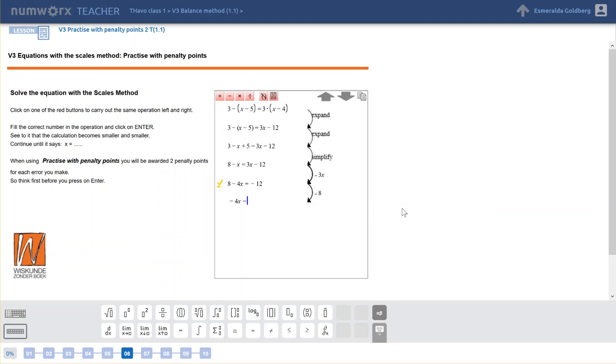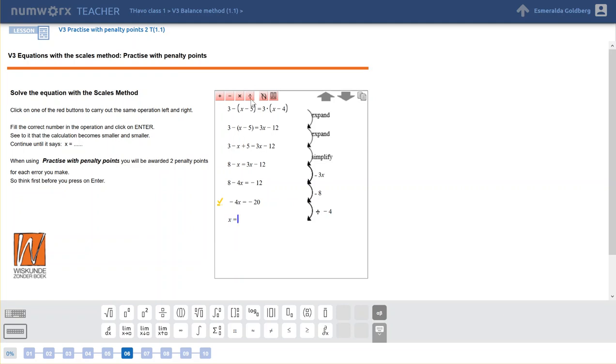Minus 8 we have to subtract from a minus 12, so we get minus 20. Now, in the last step, we have to divide by whatever we see in front of x, so we have to divide by minus 4 in this case. So divide by minus 4.